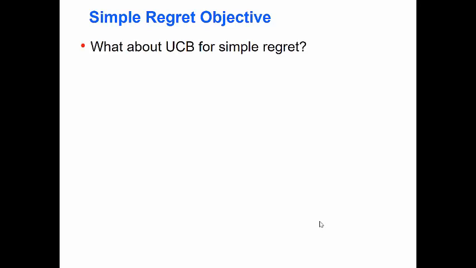So we could ask about UCB for simple regret. Do you think UCB will do something non-trivial for simple regret? Does UCB seem to be identifying the best arm at some level?